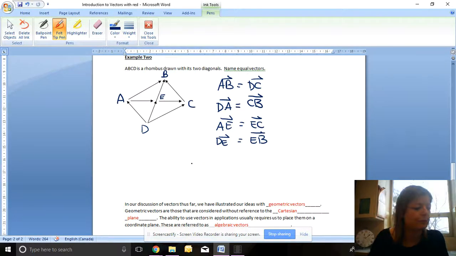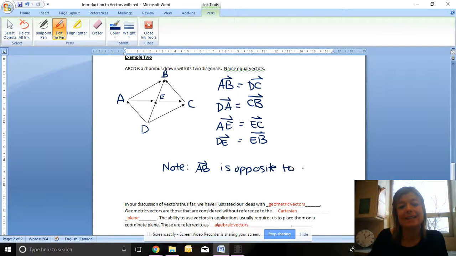Now note, if we wanted to talk about opposite vectors, we could say that AB is opposite to CD. So CD would be a vector that is from C to D, like that would be CD.